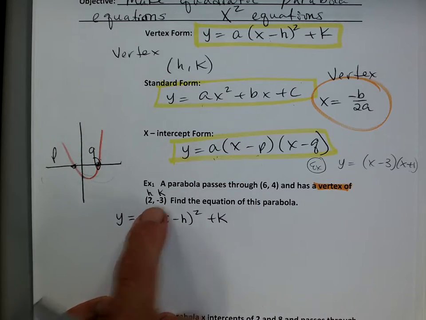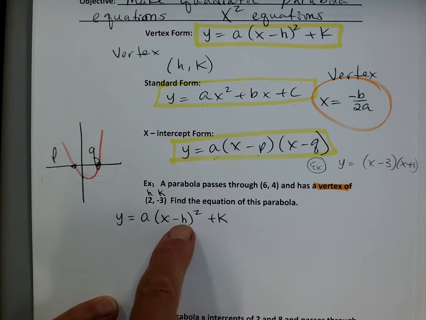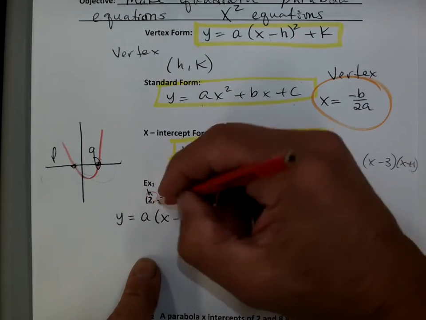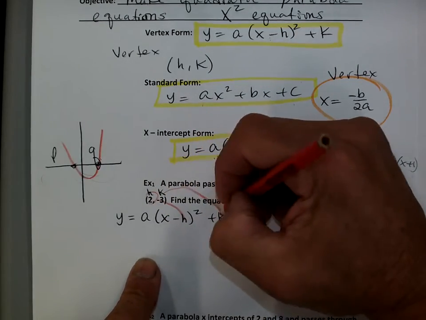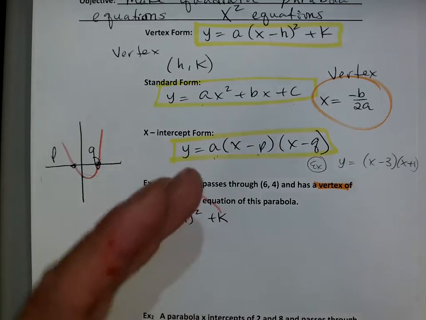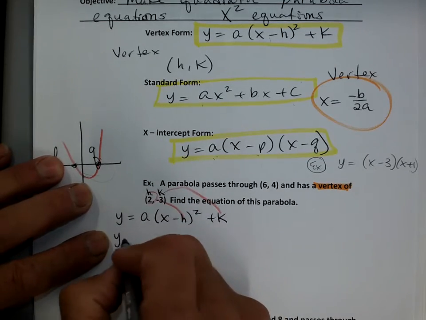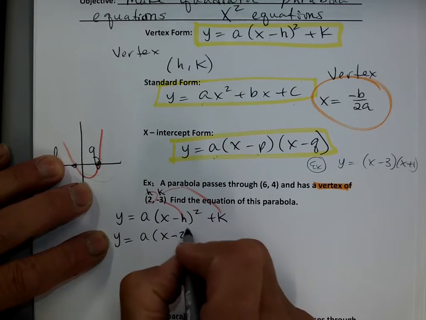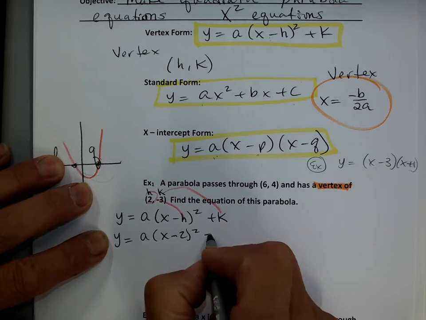So I'm going to put my 2 there for h and my negative 3 in for k. I'm going to go ahead and rewrite this: y equals a times x minus 2 squared plus negative 3.